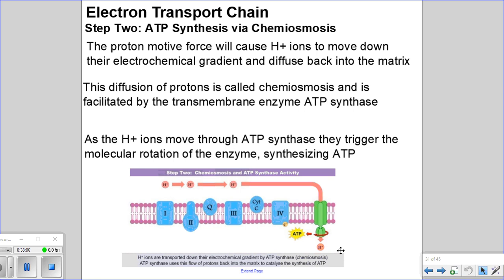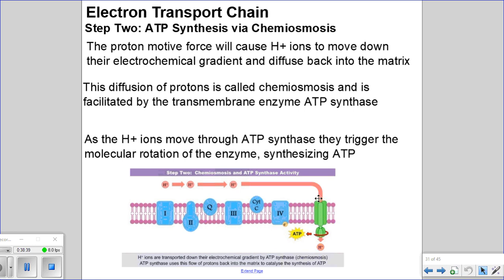Now, because this is an energy releasing process, as the hydrogen ions move through the ATP synthase, they trigger the molecular rotation of the enzyme, synthesizing ATP. So as these hydrogen ions move through the ATP synthase, it will literally cause a rotation, a turning of this molecule, and this enzyme will take ADP and an inorganic phosphate, jam them together to create ATP.